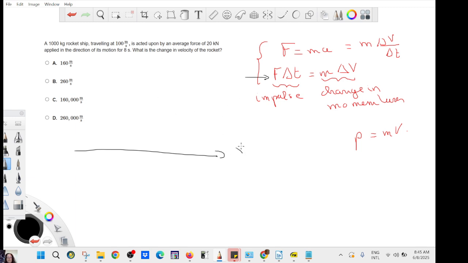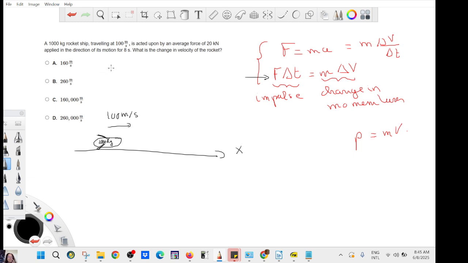Okay, so let's do it. It's easy. It's a linear motion, and you have some rocket ship. I don't know how to draw a rocket ship. You have the mass, which is 1,000 kilograms, and an initial velocity of 100 meters per second.